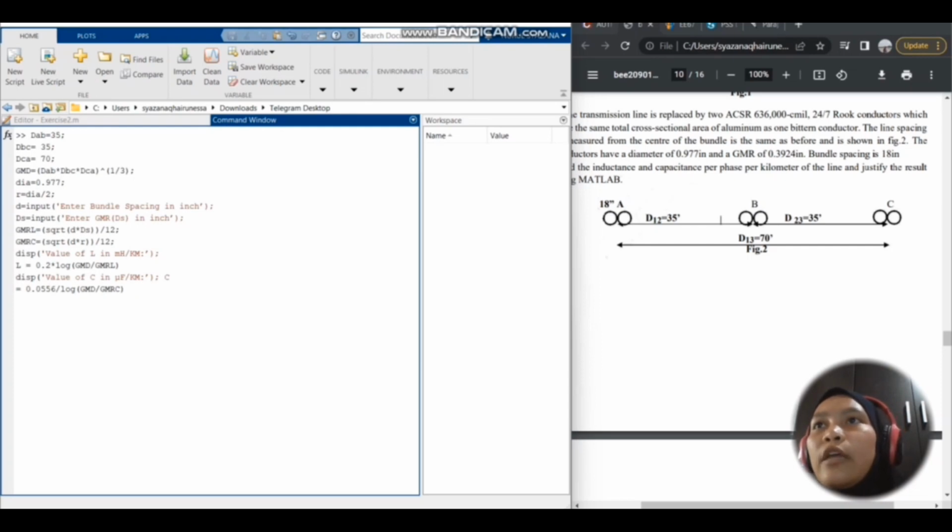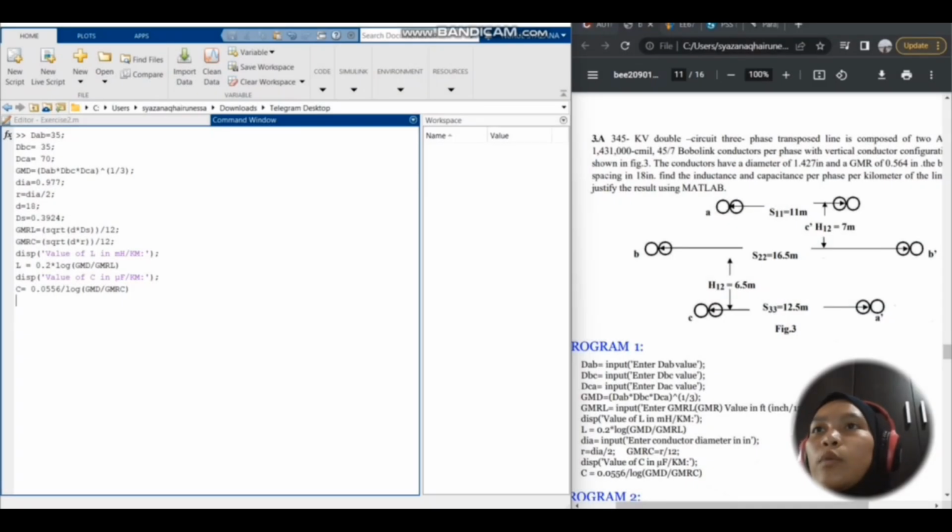And then the value of bundle spacing is 18. The value of R is 0.3924.